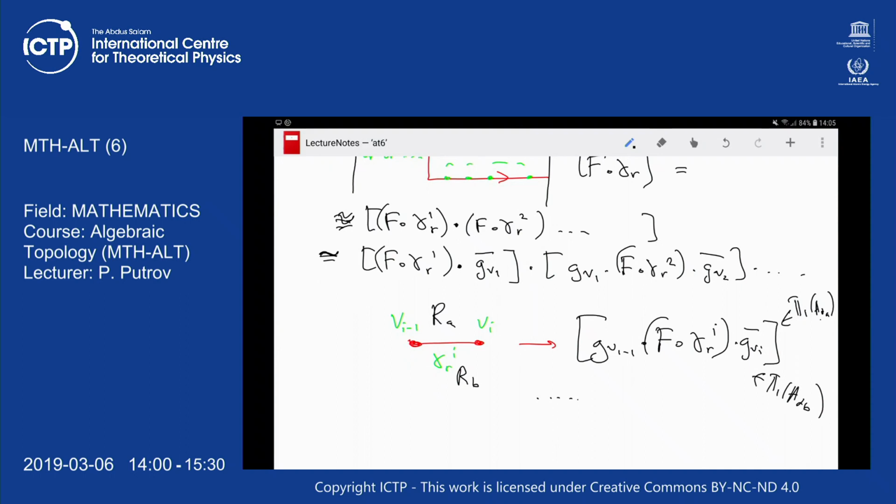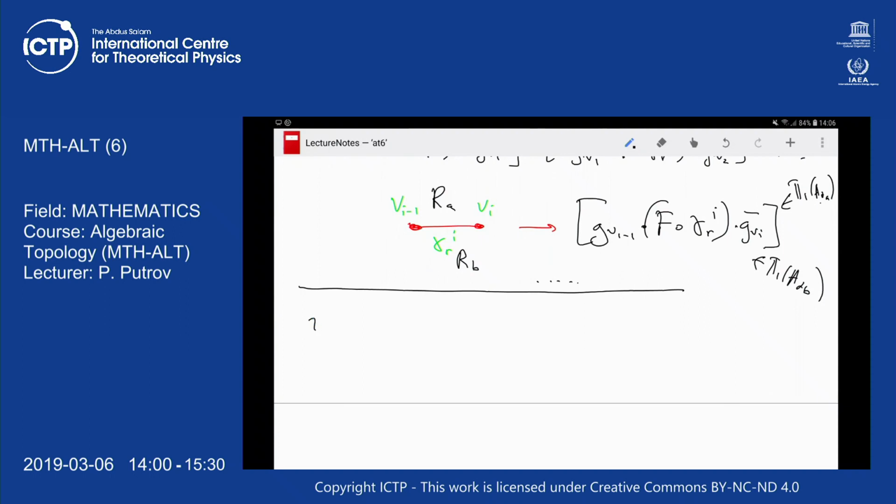By definition, if you choose this or this, it gives us two equivalent factorizations, by the definition of the equivalence relation.